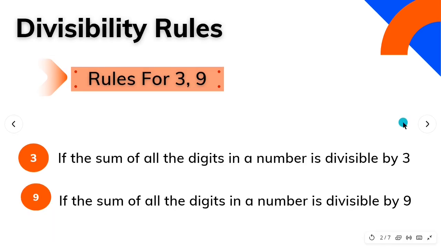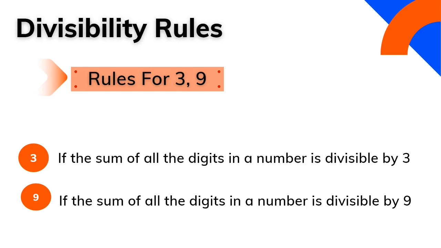Divisibility rule for 3. If the sum of all the digits of a number is divisible by 3, then the number is divisible by 3. And divisibility by 9. If the sum of all the digits in a number is divisible by 9, then the number is divisible by 9.